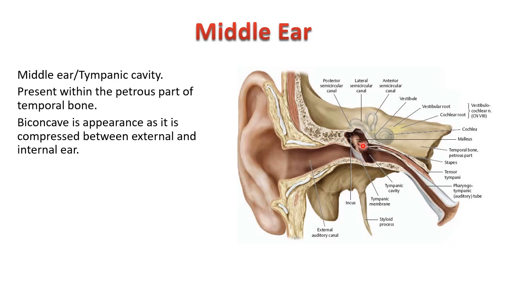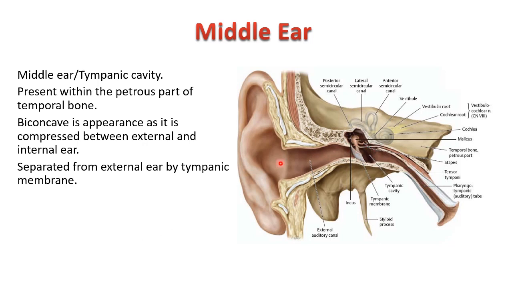In the middle it is very narrow, because the tympanic membrane projects inwards, reducing the space laterally, and the promontory, the basal turn of the cochlea, projects into the medial wall. Thereby the middle is compressed, and that is why it is biconcave in appearance.